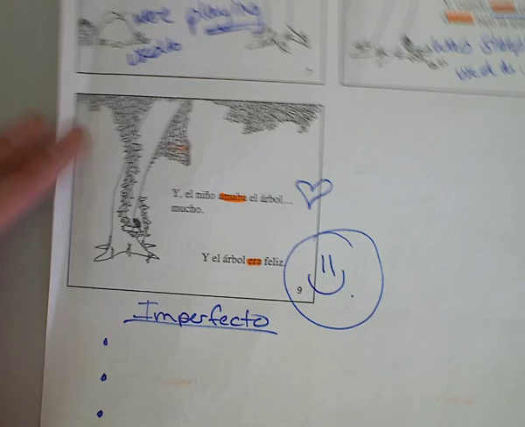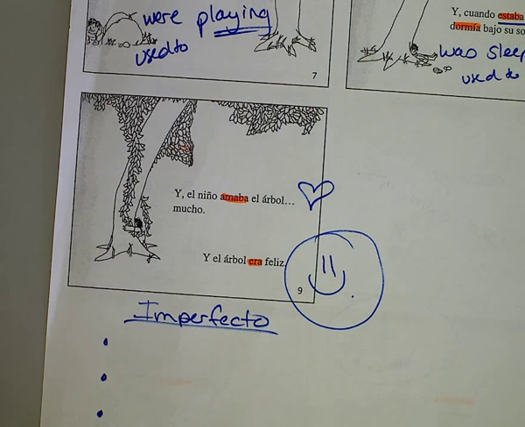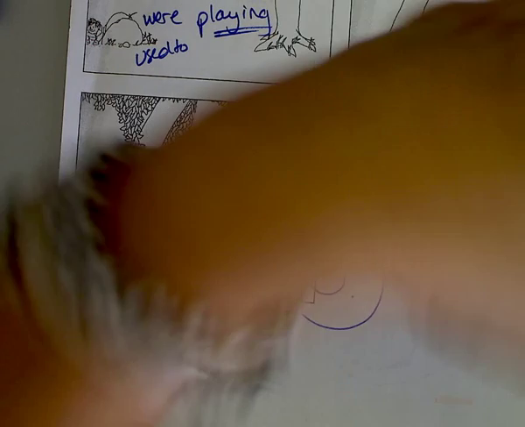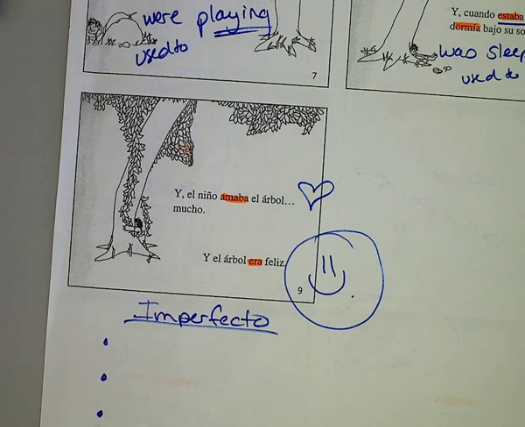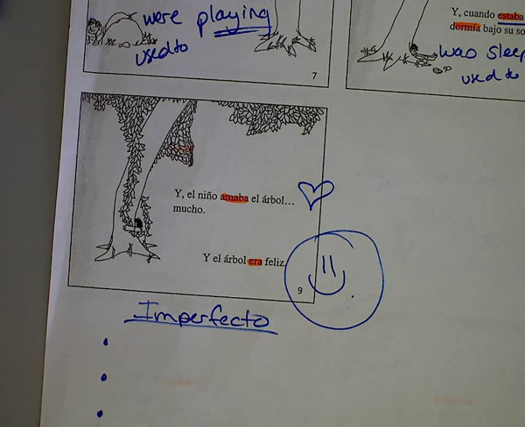What I'm wanting you to put here is the reason why this is using imperfect rather than preterite. What is the pattern? There's something going on in a bunch of the different pictures that would indicate this is when we're going to use the imperfect tense. So you guys are going to talk about that amongst yourselves.